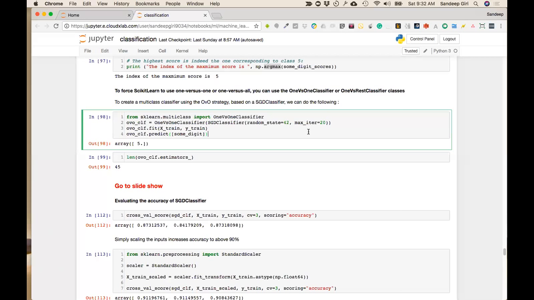A question from Noor: isn't it overkill to increase max iteration with more data points? Okay, so basically the reason why we pick SGD classifier is because it scales well and it doesn't need to load too much data in memory, and therefore we use SGD classifier.